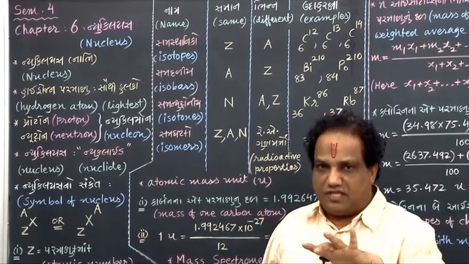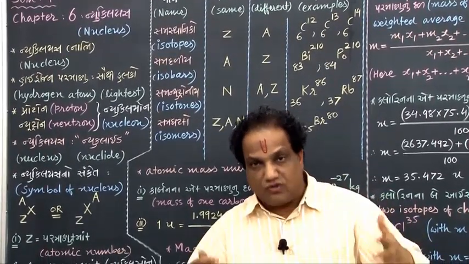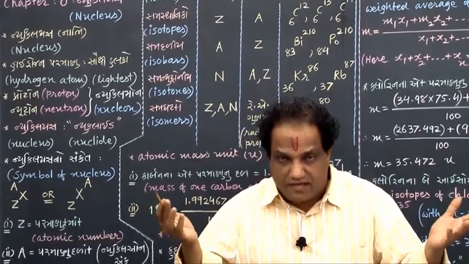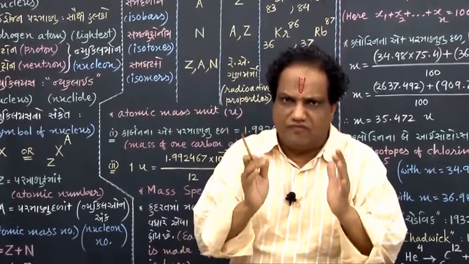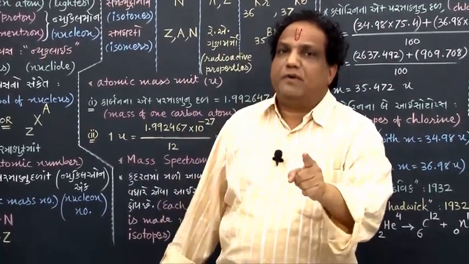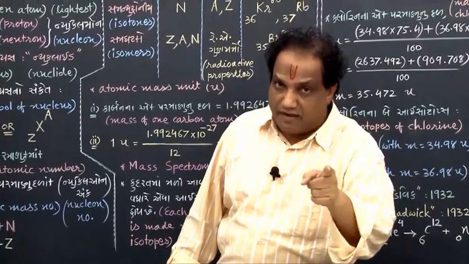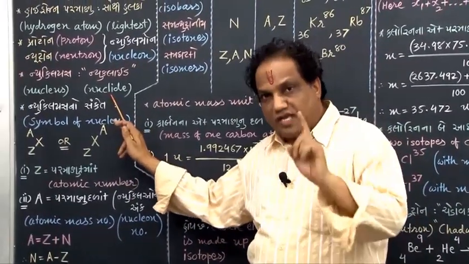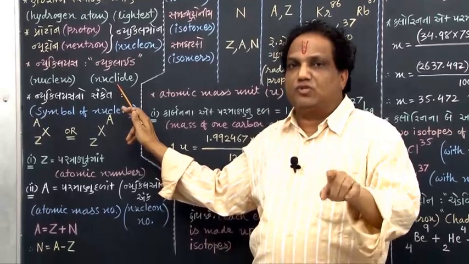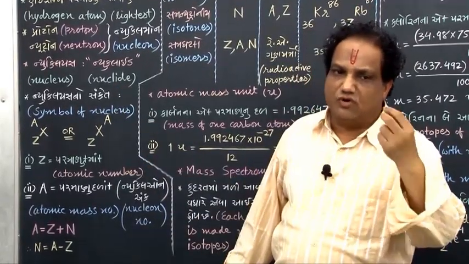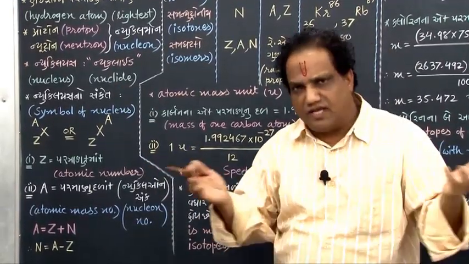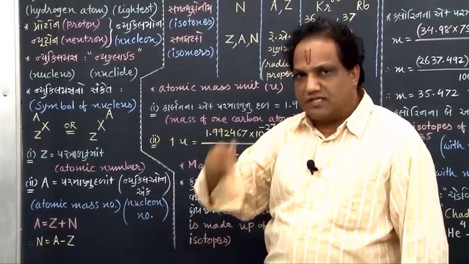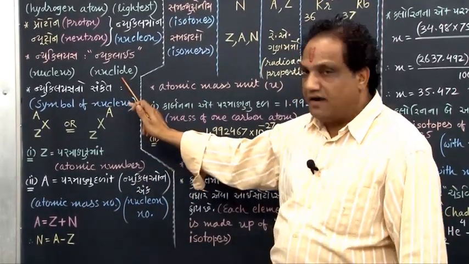Now onwards in this chapter, we are going to concentrate on the study of different nuclei, and when we concentrate on a particular nucleus, that particular nucleus is given another name. It will be now onwards known as nuclide. So whether it's a nuclide or you are just focusing on a particular nucleus, it is one and the same.